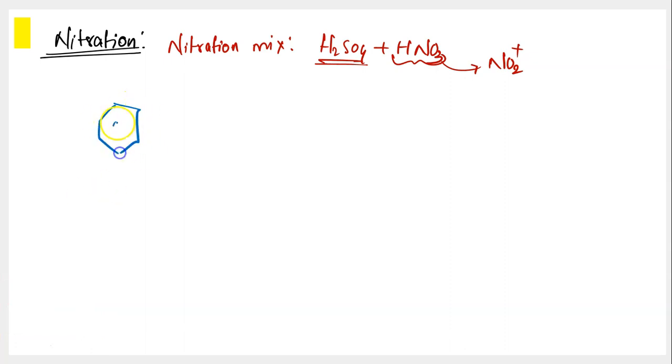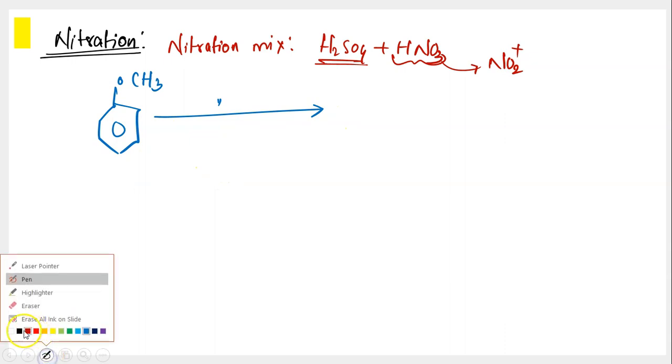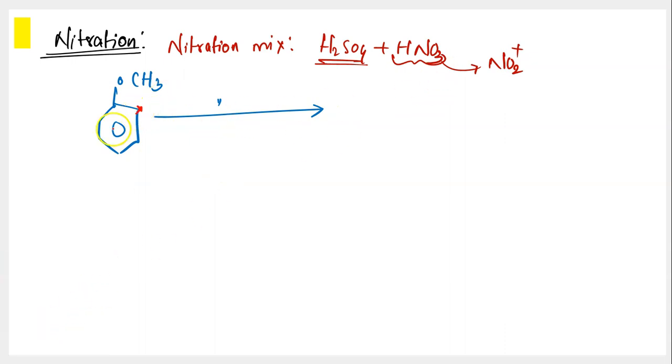So you're taking again the very similar molecule that you have taken in the last few reactions, anisole, and this anisole in presence of nitration mixture, which is nothing but concentrated H2SO4 plus HNO3, would be undergoing attack of the NO2 group either at ortho position or at para position.